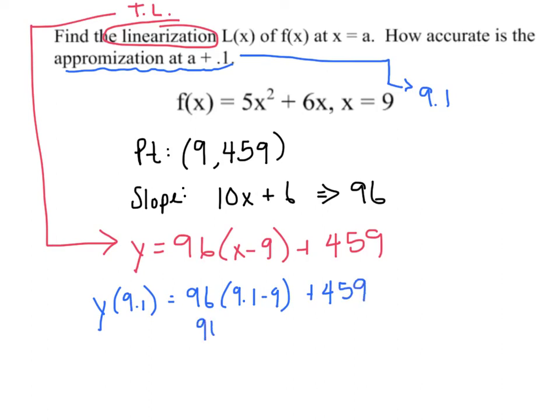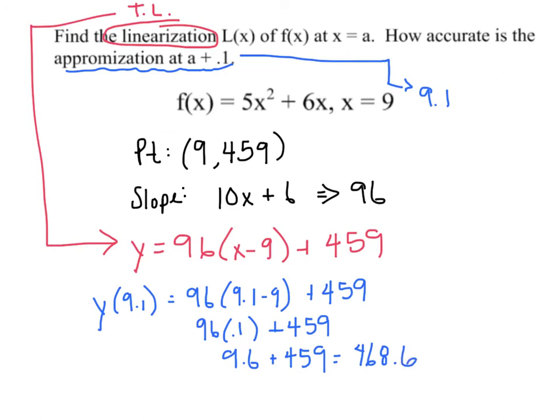So we've got 96 multiplied by 0.1, so 9.6, plus 459 is 468.6.